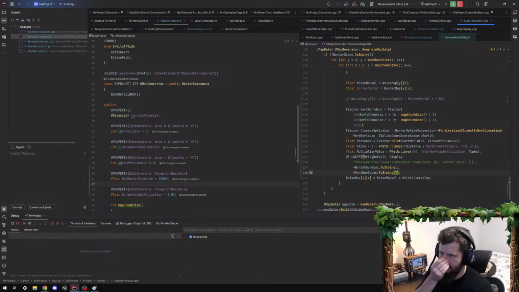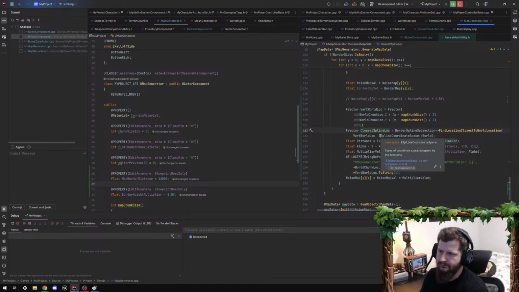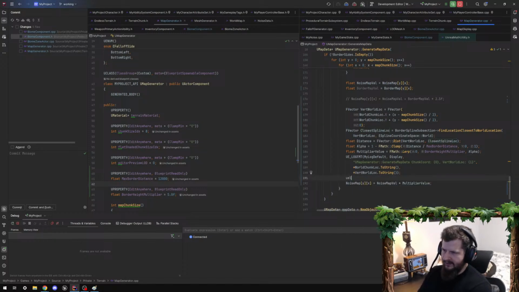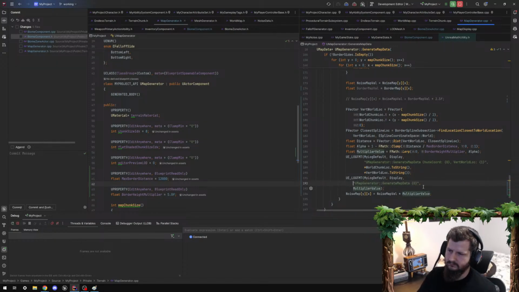Okay, let's log those two things. And let's log what we think the multiplier value is here. Well, I guess let's just log all these values.